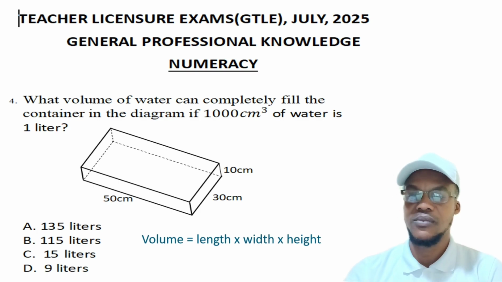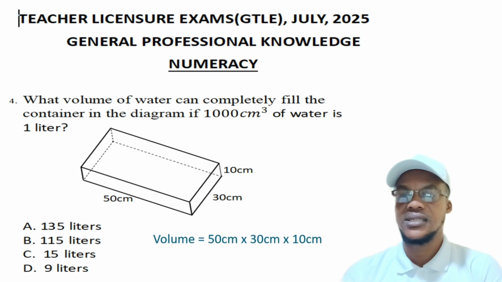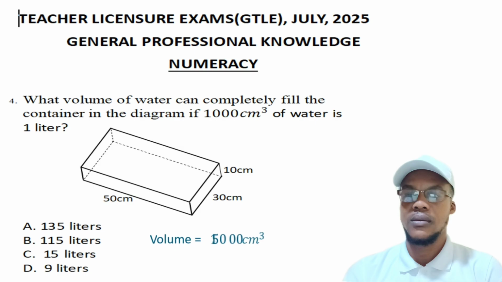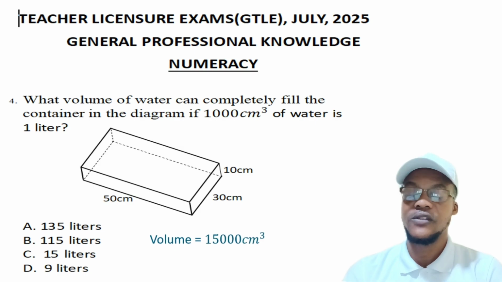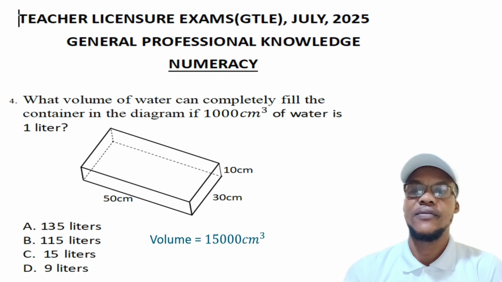So 50 centimeters times 30 centimeters times 10 centimeters will give us 15,000 centimeters cube. So that is the volume for this particular diagram here, which is a cuboid.